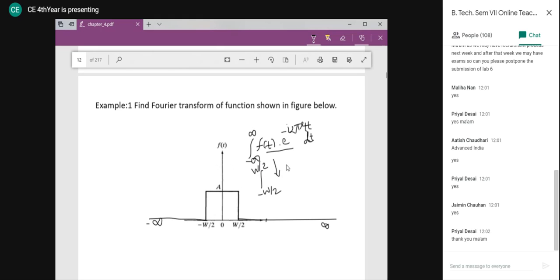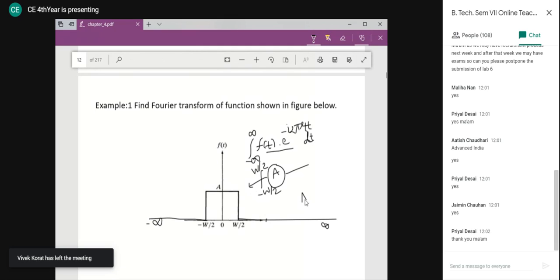But what is the value of f of t in this range? My f of t is actually a in this range, and the exponential is as it is. Now, what will be my next step? Can anyone tell me? What will happen to this a? A will come out of the integral.